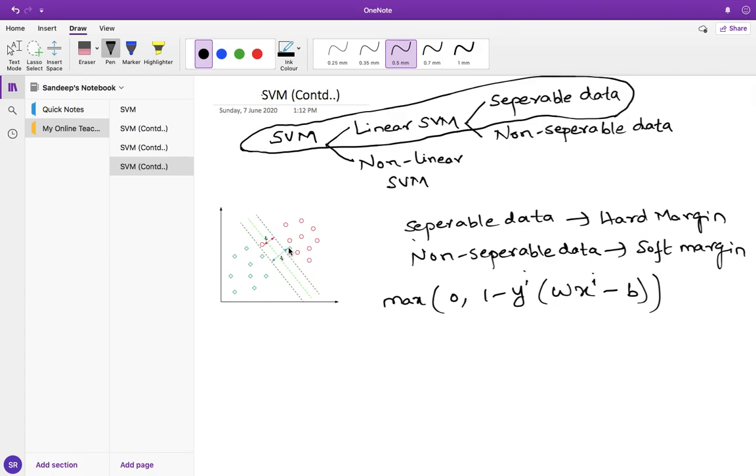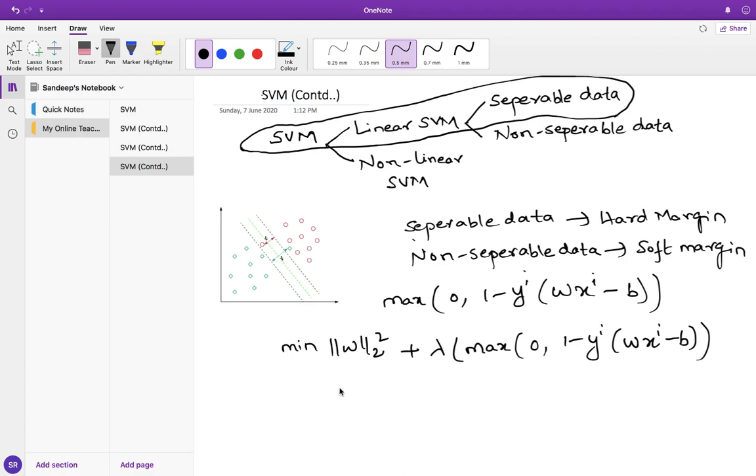For example, this data point will have some penalty. That means only that particular xi will have a penalty. All the rest of the data points will satisfy this product greater than or equal to 1, so there is no need to worry. So let us incorporate this. The minimization problem now becomes: minimize this plus some lambda into max of 0 comma 1 minus yi into w xi minus b.